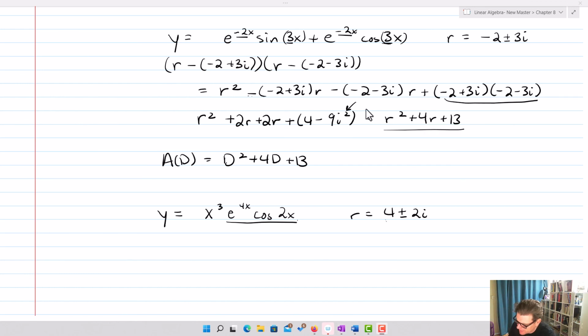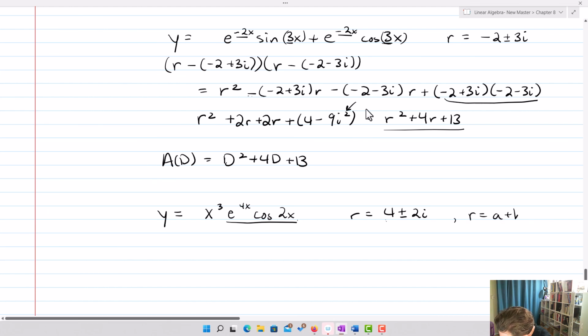So just to make things a little bit easier, we actually have an equation. You may have noticed how it kind of works. If our solution is of the form r equals a plus bi, then the polynomial that's going to have roots of the form a plus or minus bi is going to be r squared minus 2ar plus a squared plus b squared.